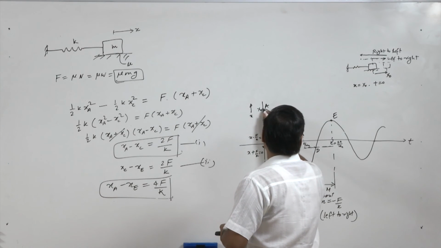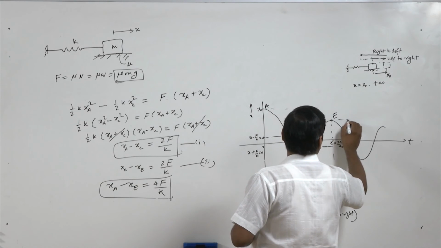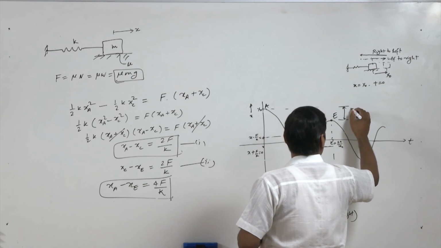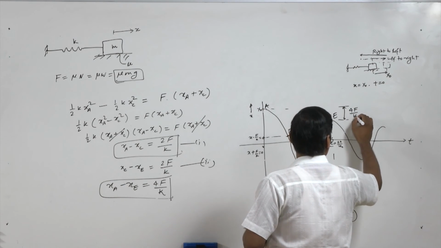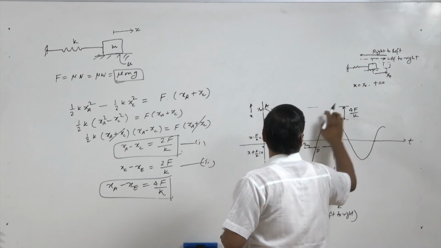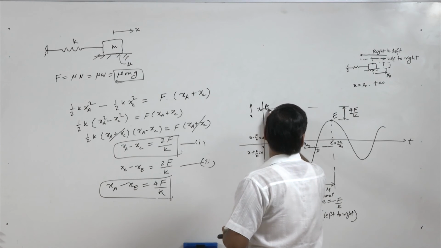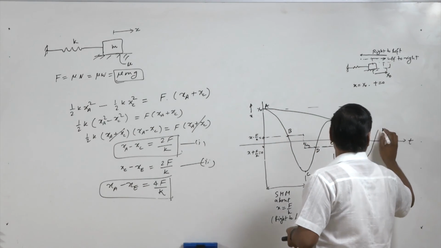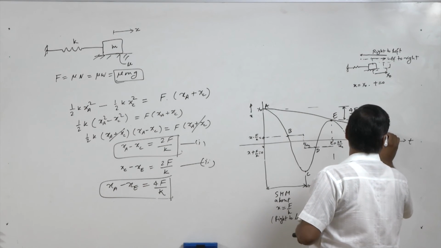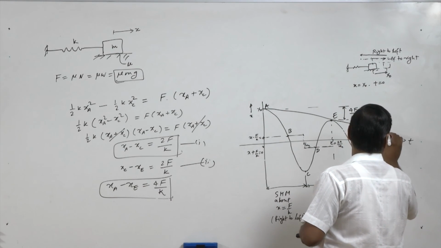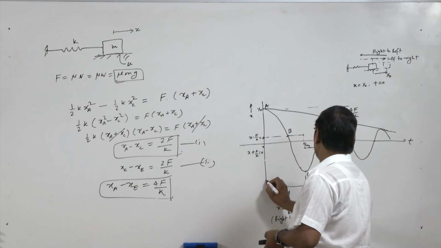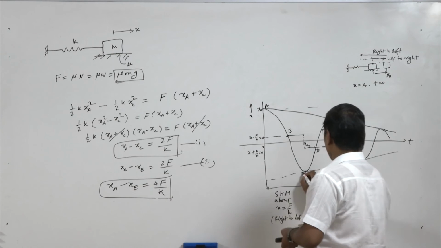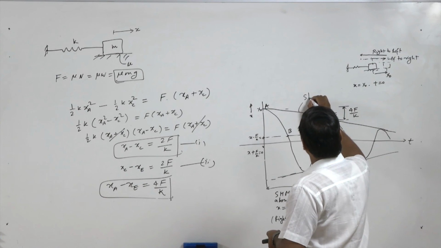So this quantity is 4F by K, and so this is constant, so this relation is linear. Similarly here this relation will be linear, and the same here, so we will have a linear relation. So this is a straight line.